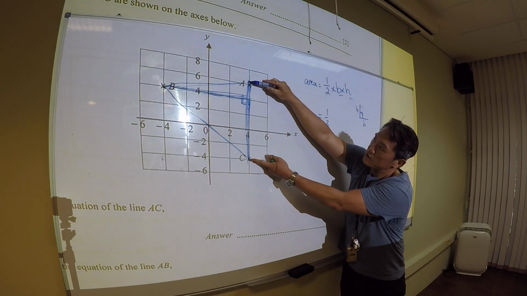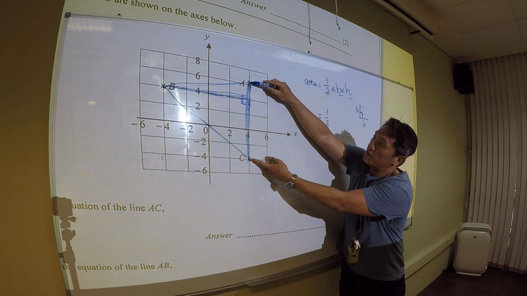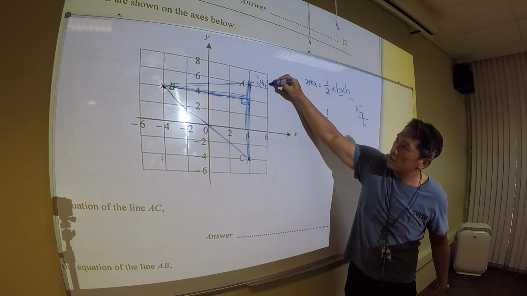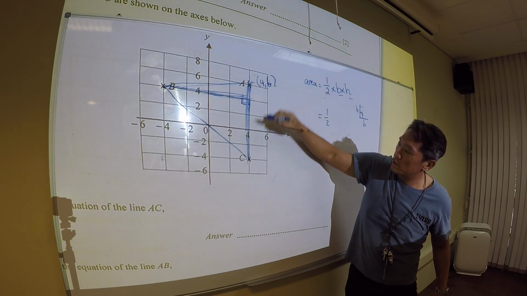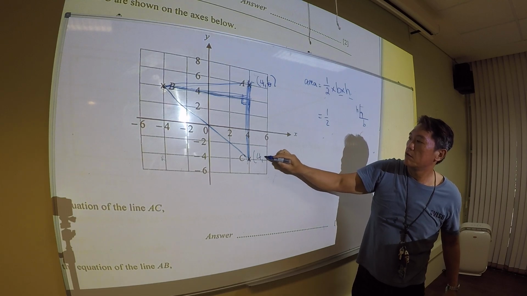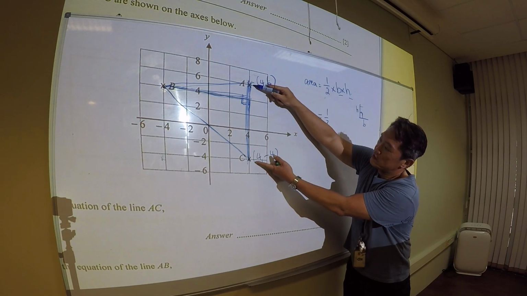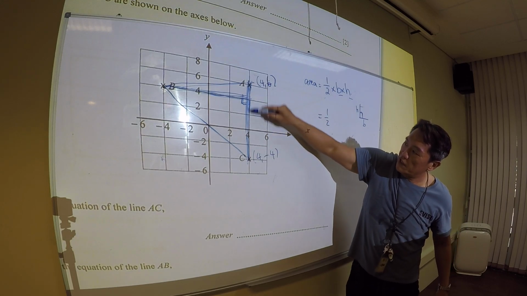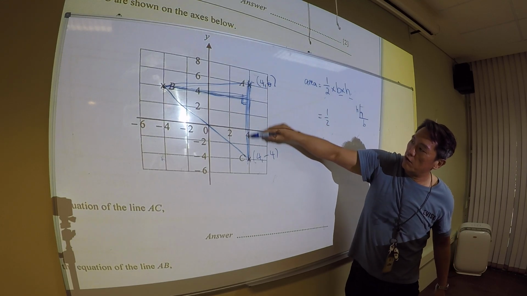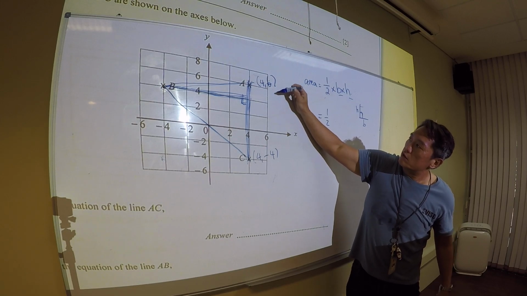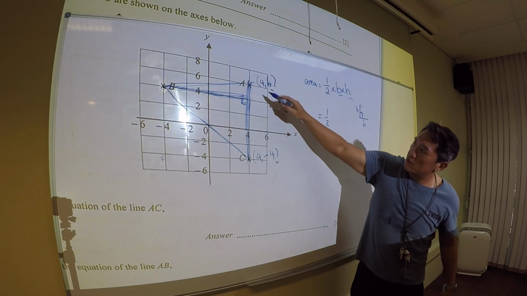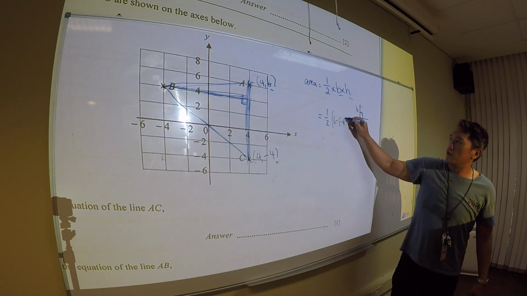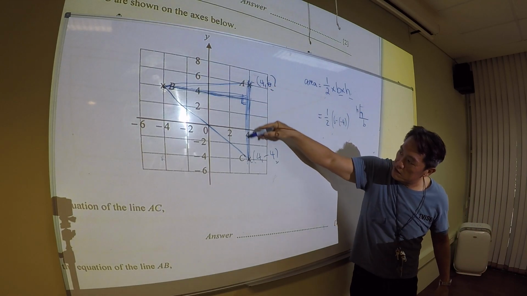This distance is the difference between the y, because y is how high and how low. So 6 minus negative 4 will give me this distance.